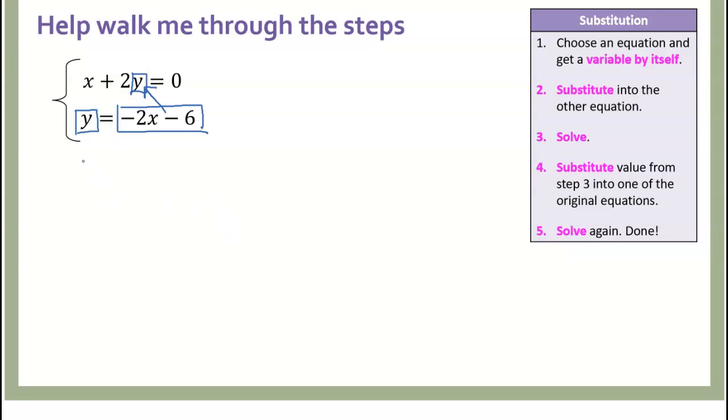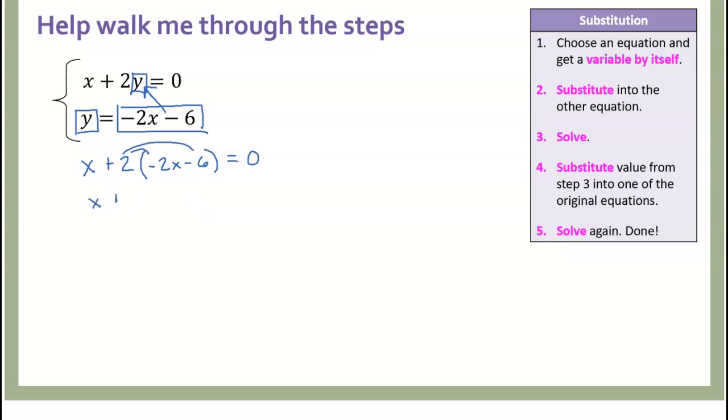Here we go. X plus 2 times this whole box, negative 2x minus 6, and we bring down the equals 0. Once again, now we just have one variable that we just need to combine and solve. So we will distribute here.